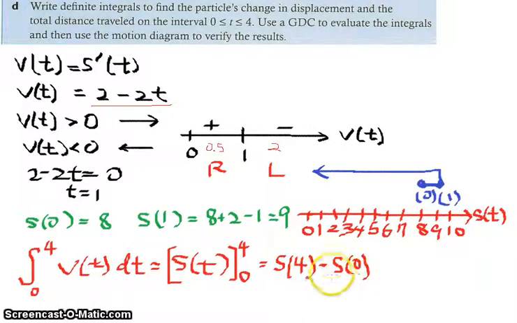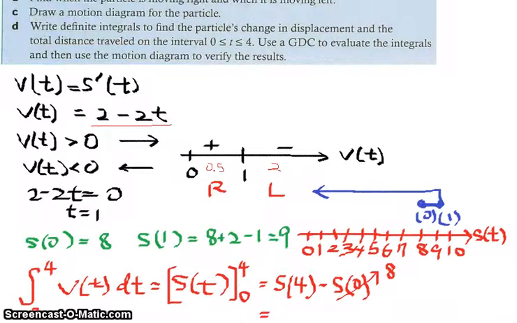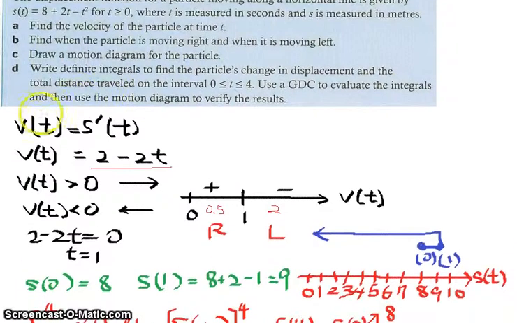S of 0, we already found this. S of 0 is equal to, how much was it? S of 0 is equal to 8. And s of 4, I will have to evaluate that. So s of 4 is equal to, so let's go up and we'll come back down later. My s, so this is my displacement function.